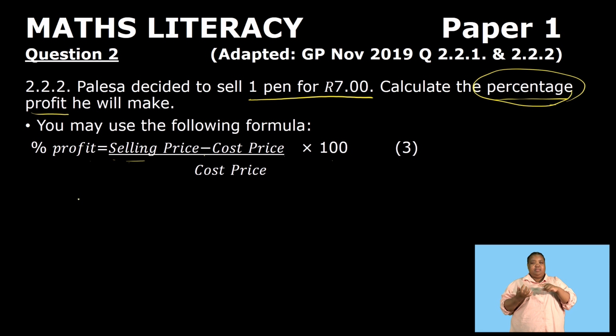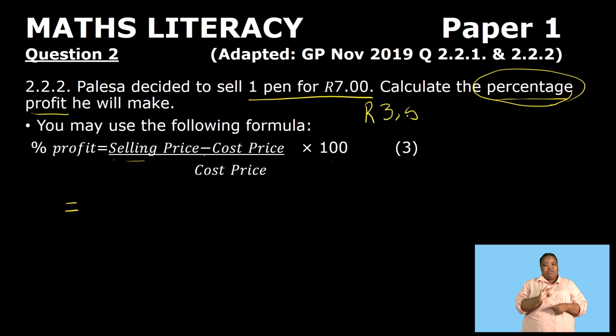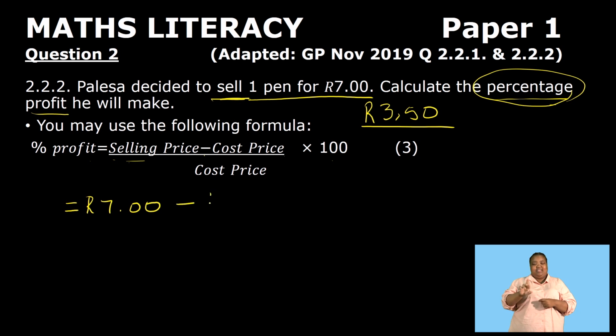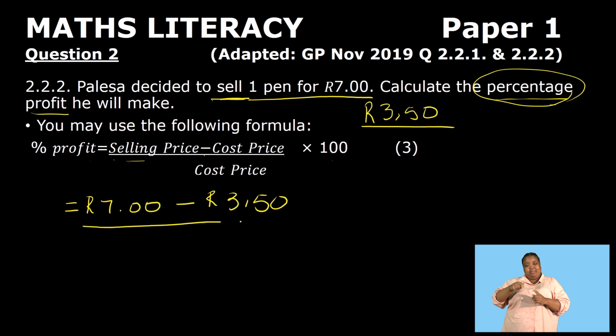So now, substituting what we have, remember they've said the cost of each pen is 3 rand 50. So we know this from the previous slide that it was 3 rand 50. So now in this case, the selling price is 7 rand, and the cost price is 3 rand 50, being divided by the cost price, which is 3 rand 50.